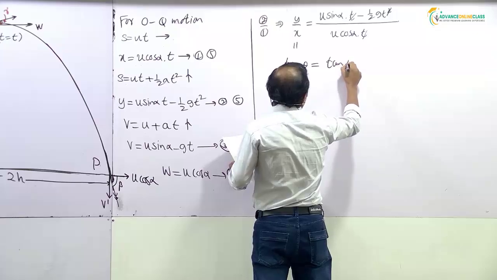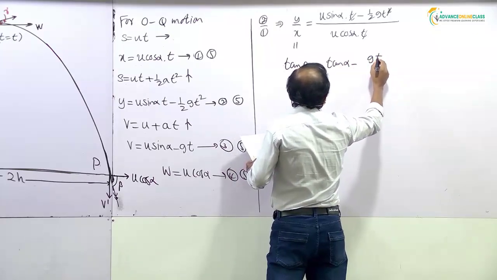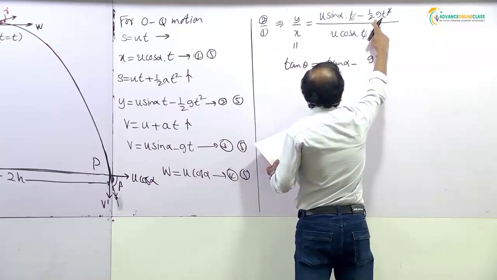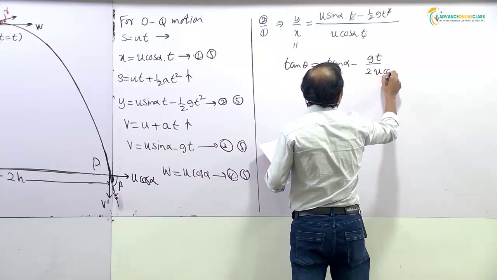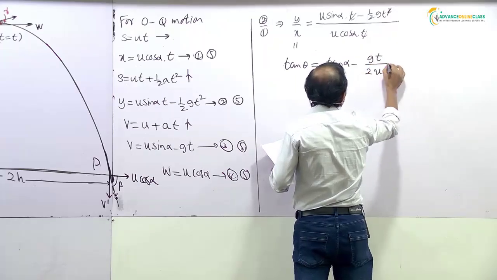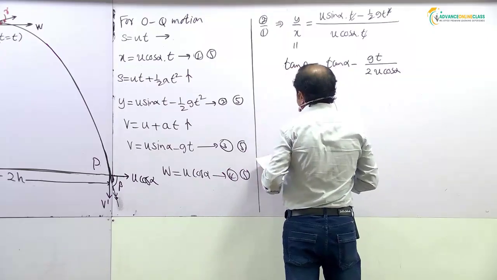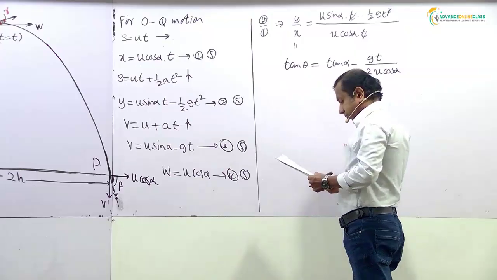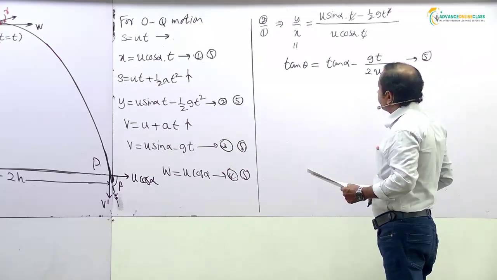You get tan theta equals tan alpha minus gt divided by 2 U cos alpha. Okay. And just take this step. Number 5.